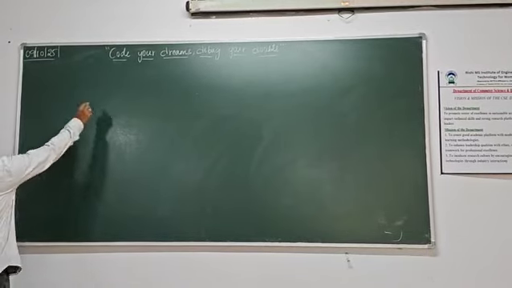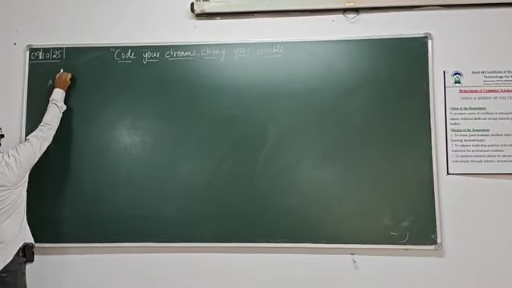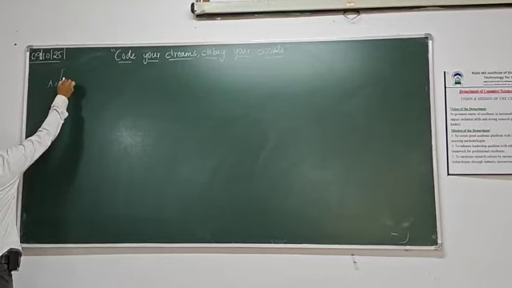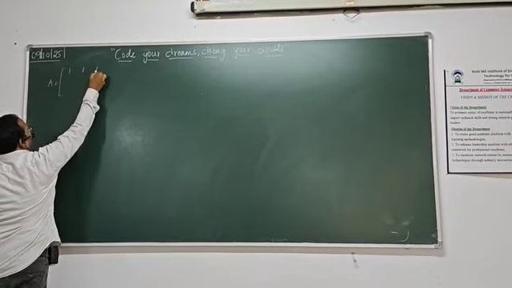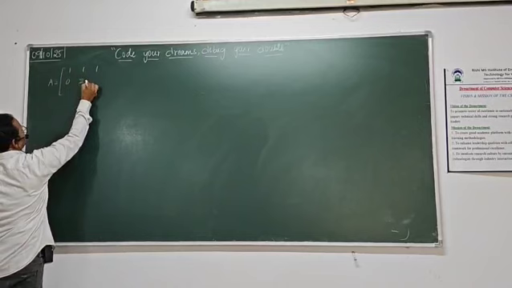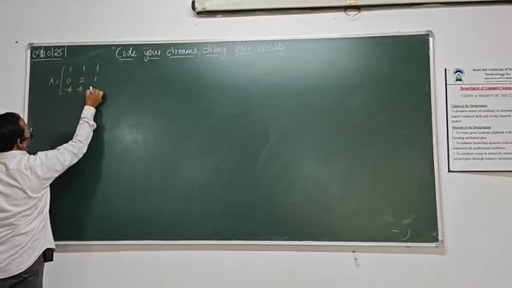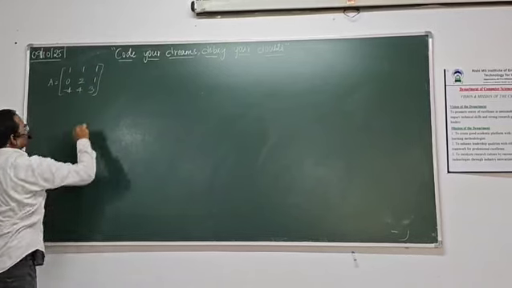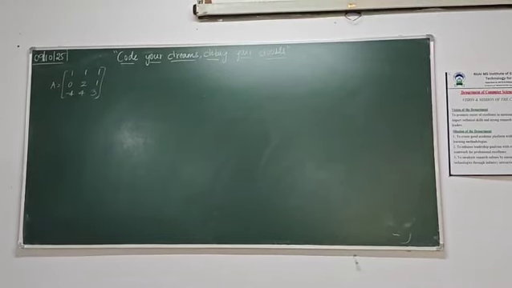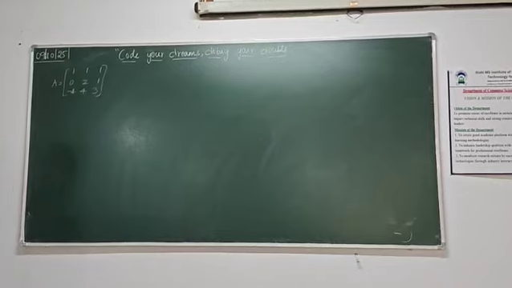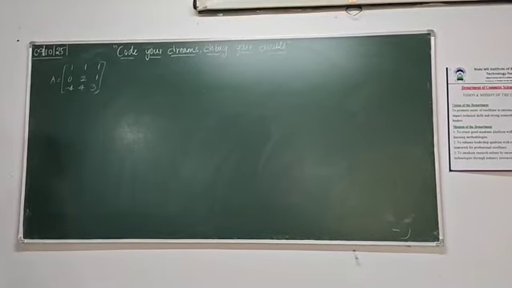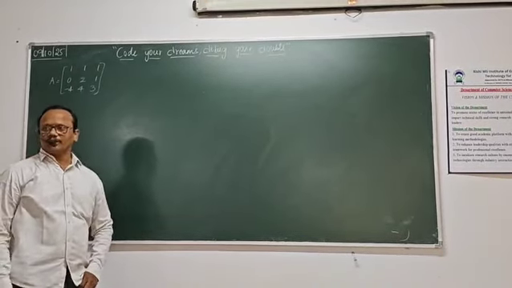The matrix is 1 1 1, 0 2 1, minus 4 4 3. So this is a 3 by 3 square matrix. Now we need to find the diagonalization of this matrix.